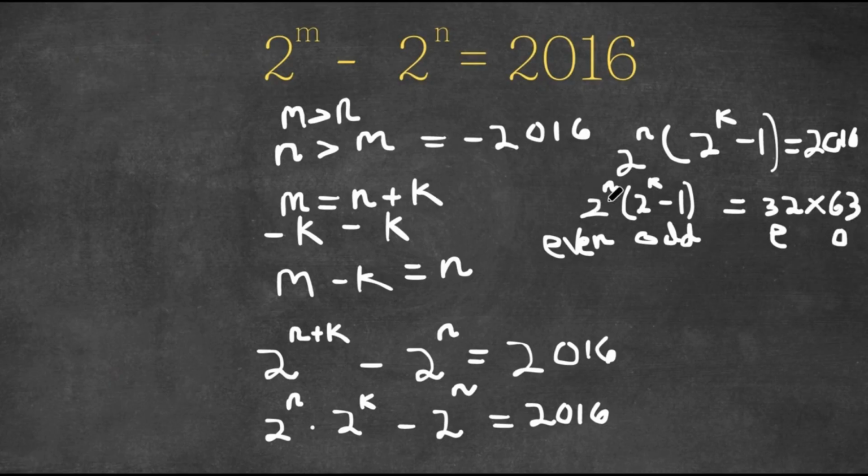So meaning we could just say that 2 to the power of n is equal to 32, and 2 to the power of k minus 1 is equal to 63.